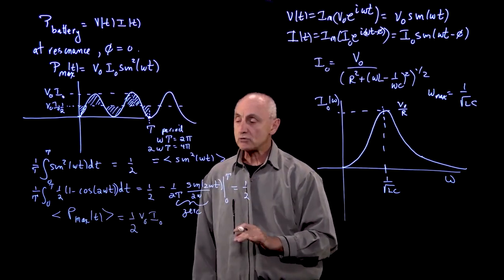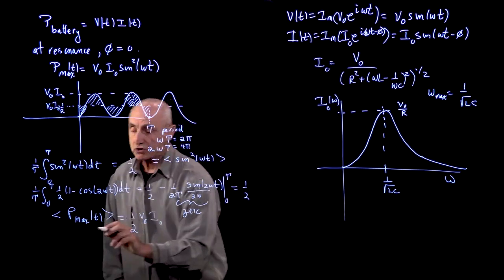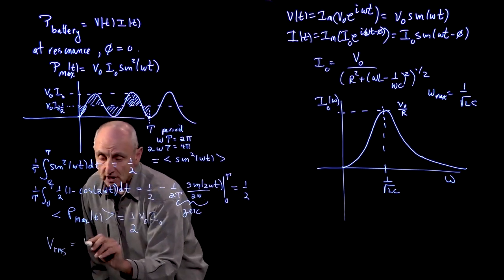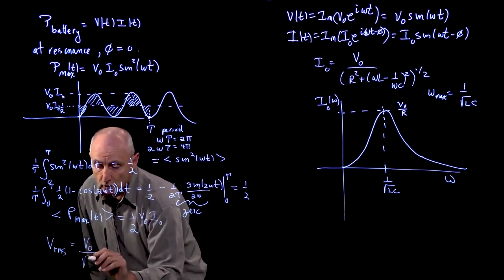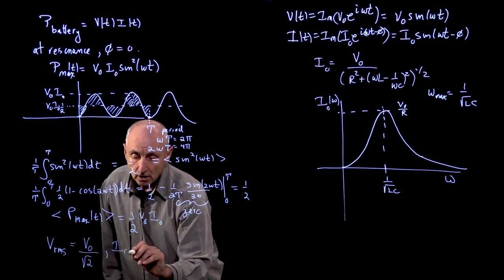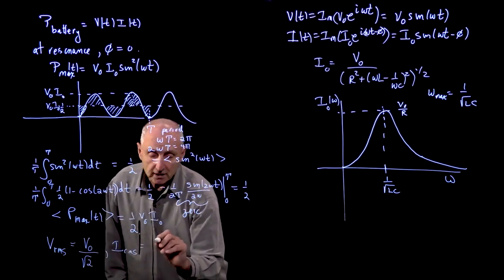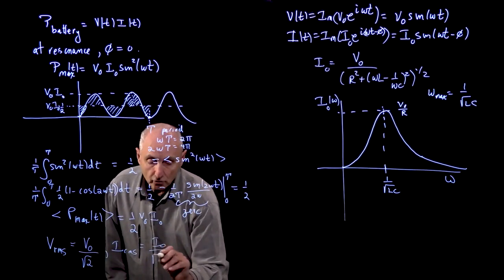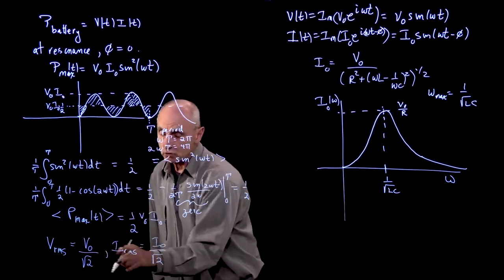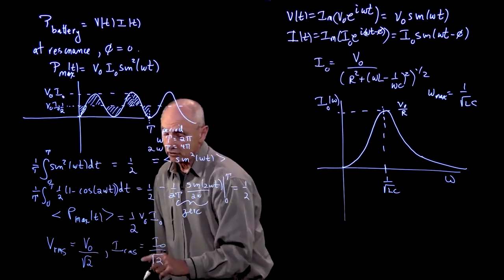Now, there's a notation that's often used, which is to write root mean square amplitudes for the voltage as V naught over root 2, and a root mean square amplitude for the current as I naught over root 2. If we multiply these two terms together, we get that factor of half.